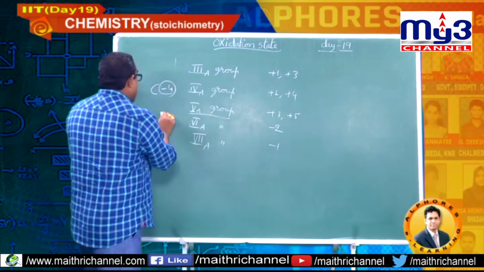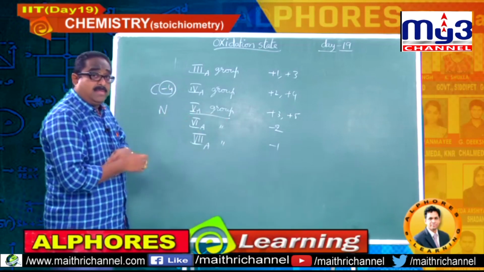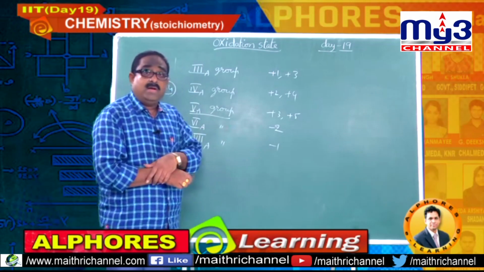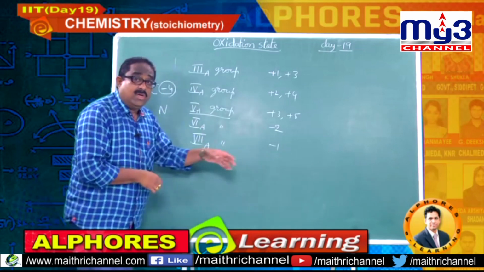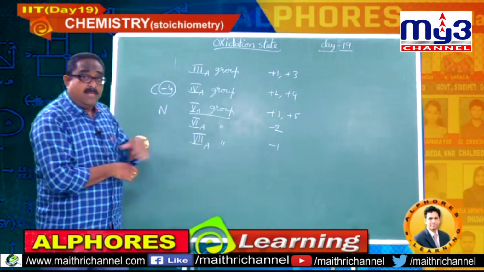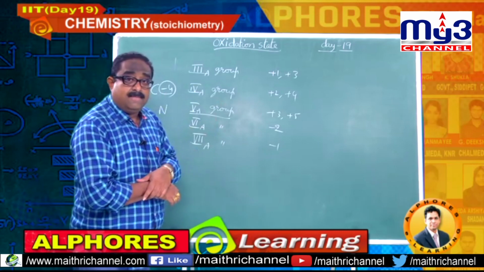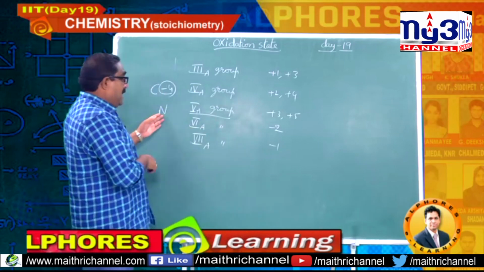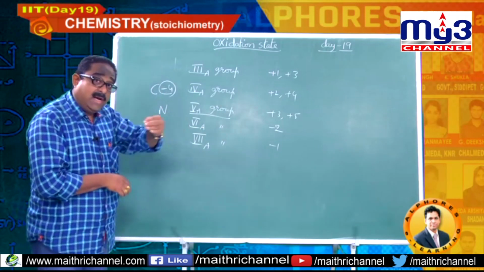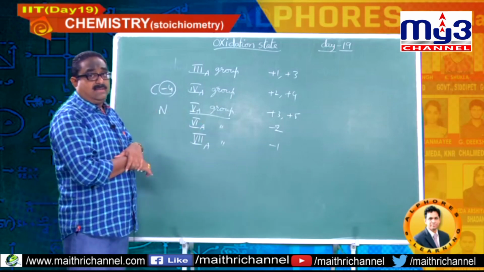Suppose if you take nitrogen from 5th A group elements, -3, -1, -1/3, 0, +3, +5, like that. Same element can exhibit different types of oxidation states.